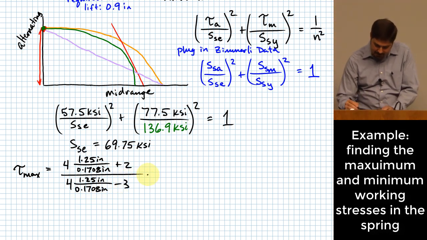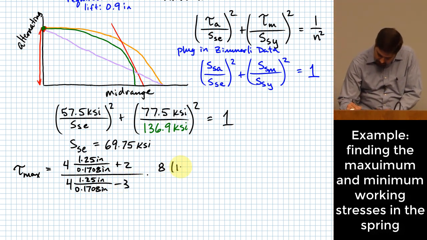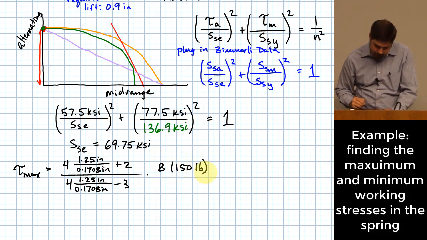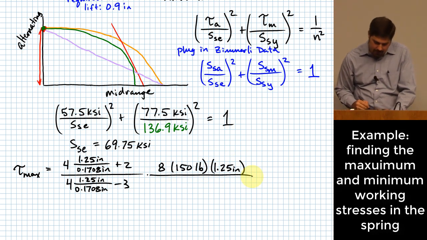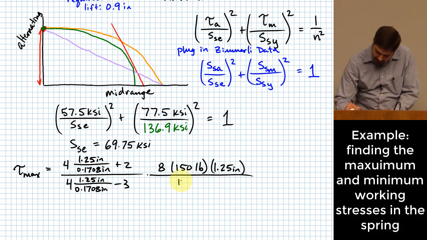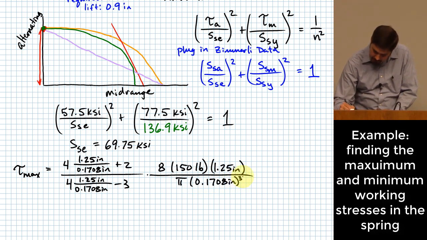All this times 8 times 150 pounds times 1.25 inches, divided by pi times d cubed, where lowercase d is the wire diameter, and again, that's cubed.